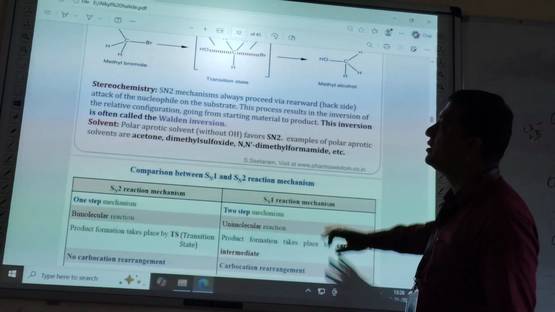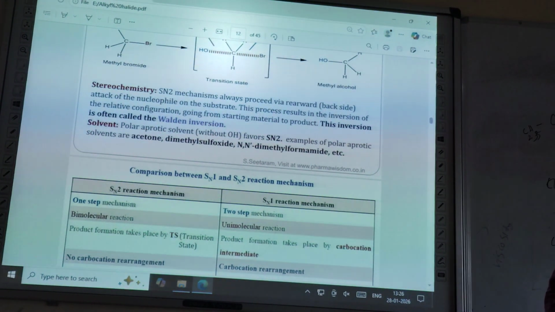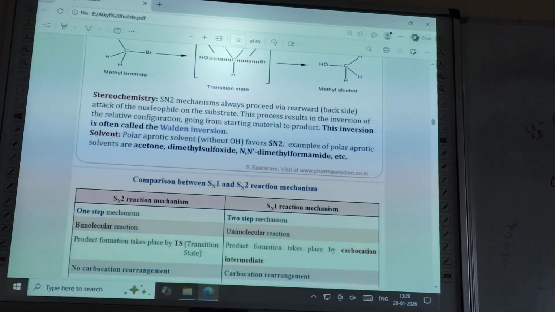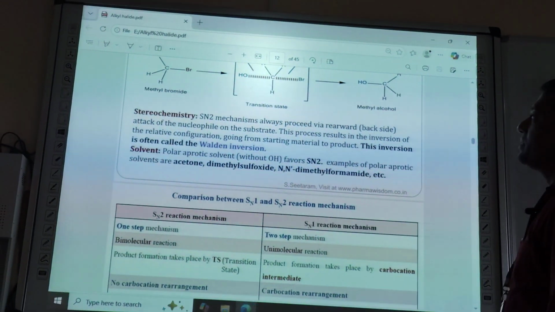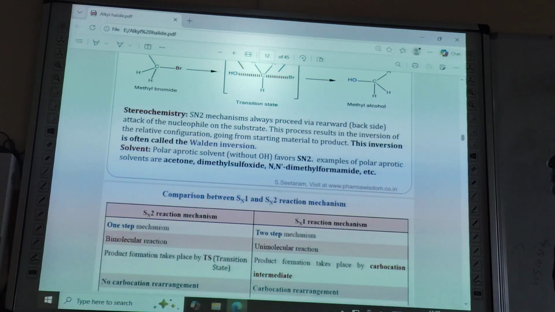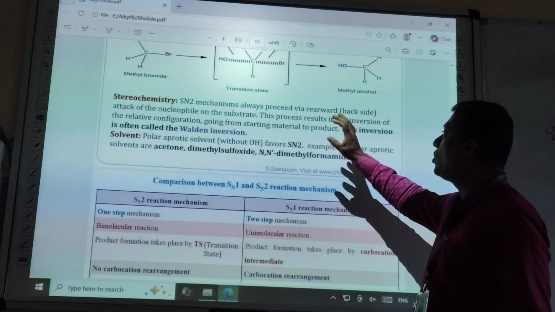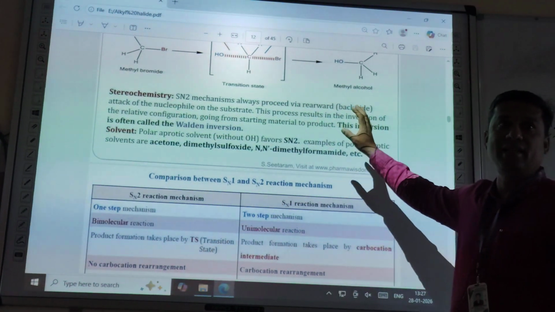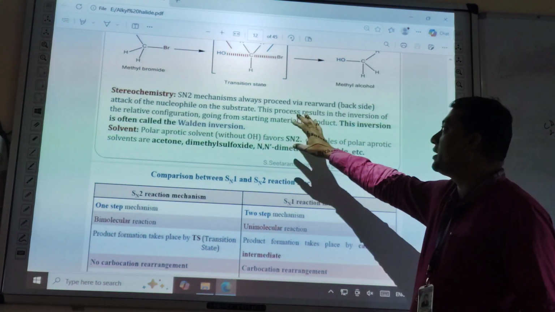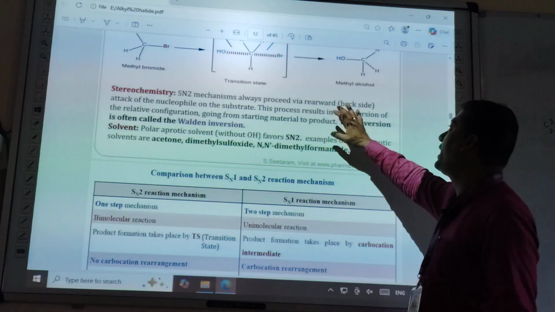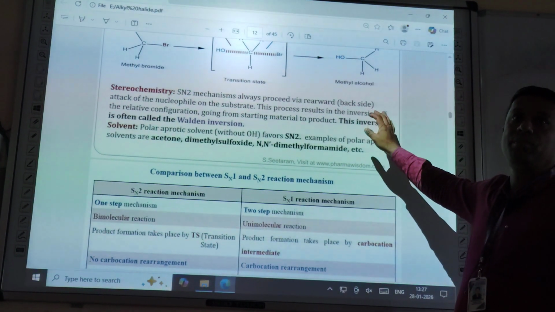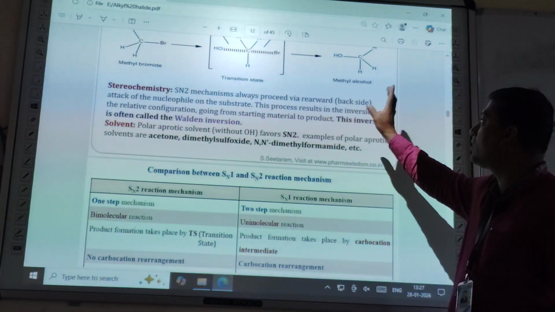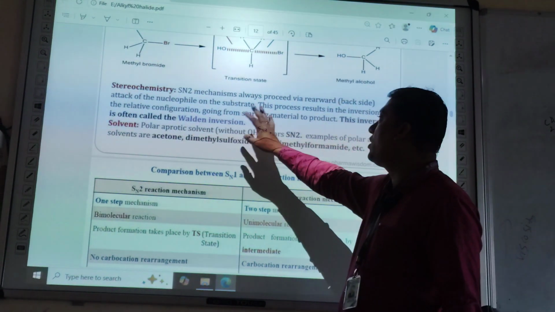Then stereochemistry. The SN2 mechanism always proceeds from the rearward or backside attack of the nucleophile on the substrate.